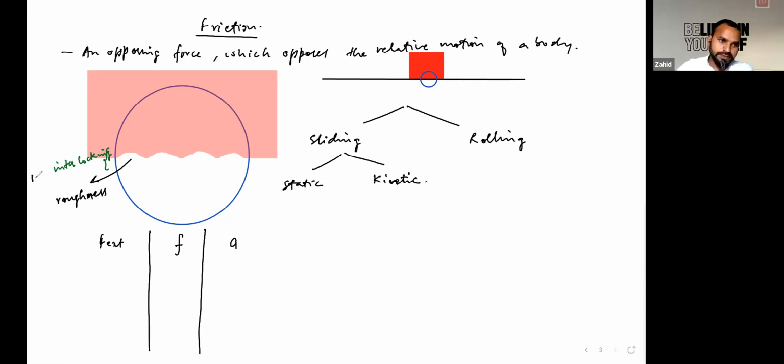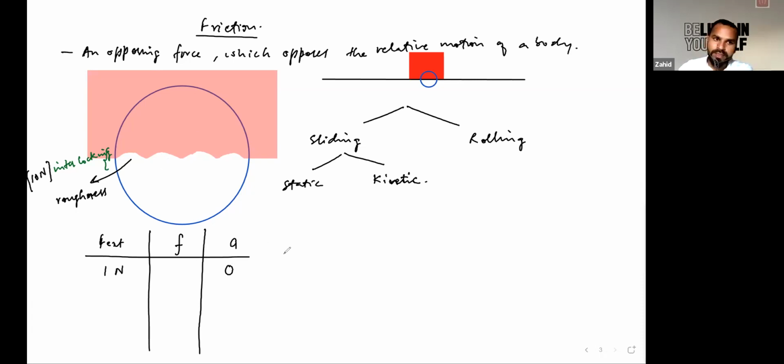I just assume this interlocking to be 10, means this is maximum opposition caused by this interlocking. So if you take F external to be 1 Newton, there will be no movement in this block since this interlocking has maximum value of 10 Newton. So acceleration in this case would be 0.